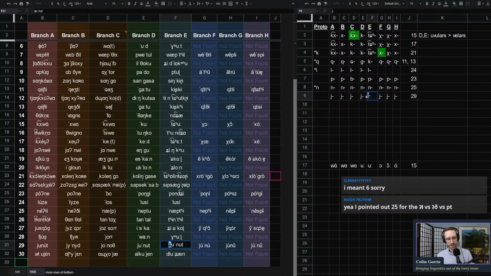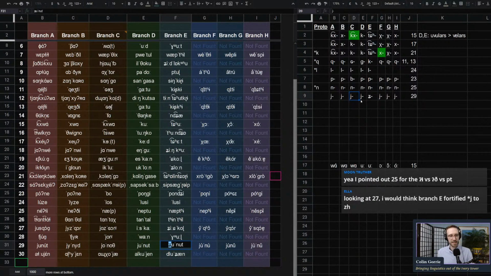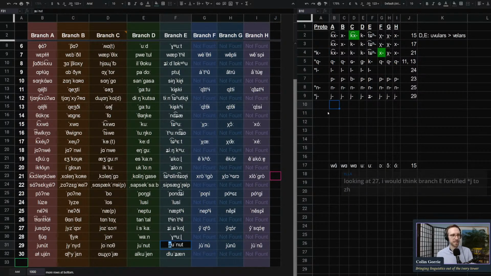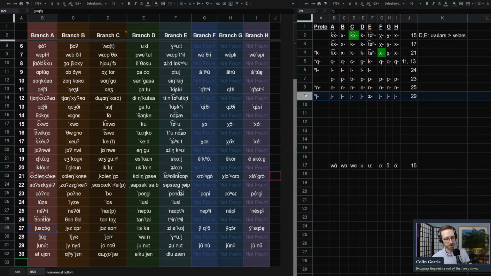And initial fortition of glides is definitely a thing, as we see in the history of the Romance languages. And so I would be relatively confident positing initial y on that basis, but we have to be sure, are there any other instances where we lose it?